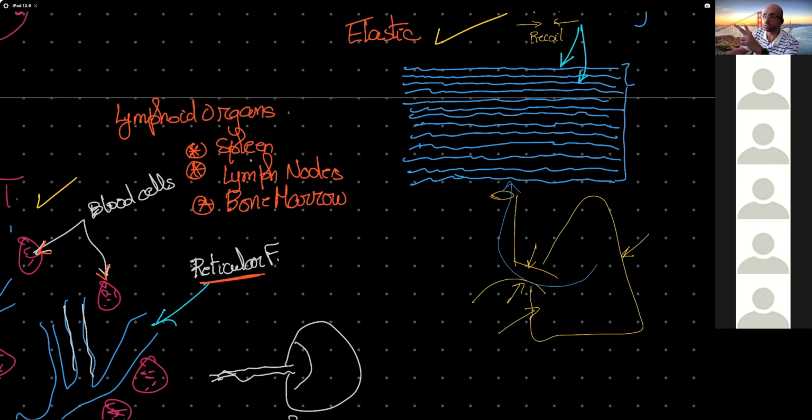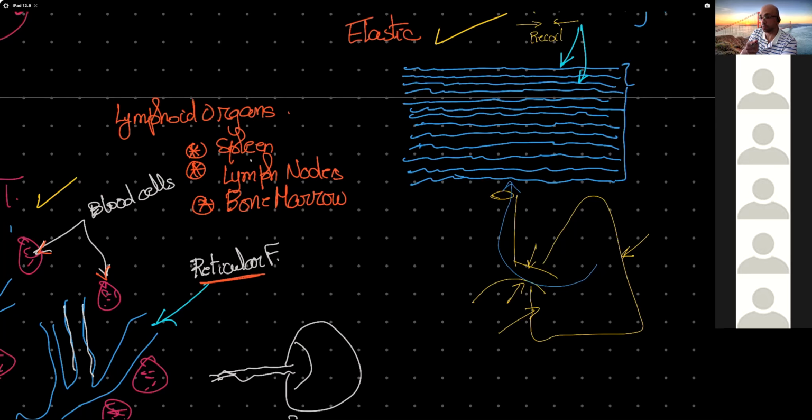What is a good location? Another good location here for elastic connective tissue, without looking at your notes. Aorta. Yeah. What else? Arches. Ears.